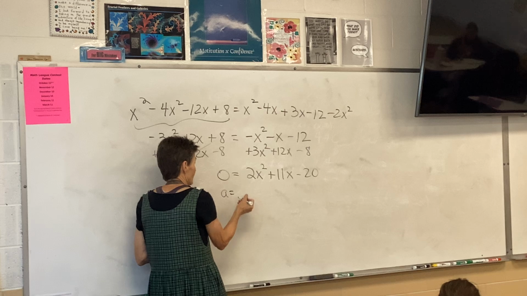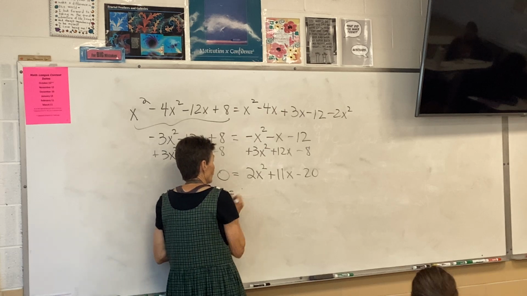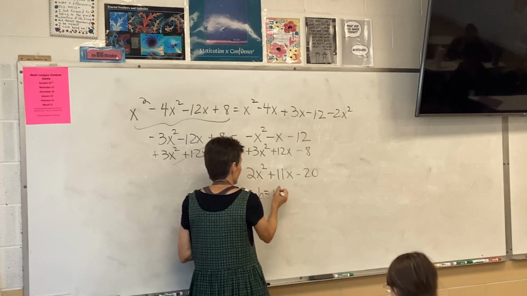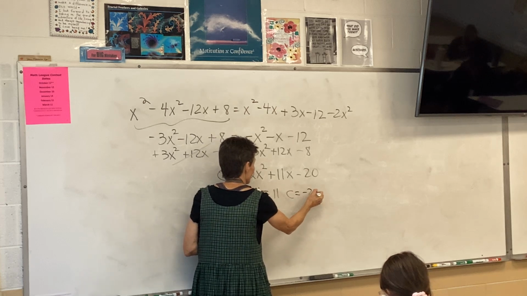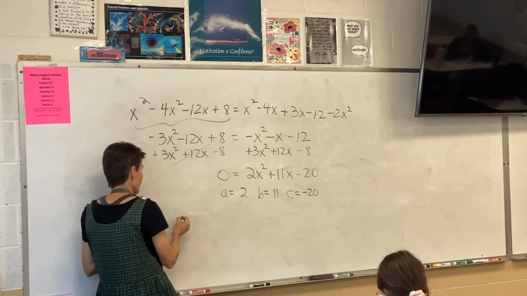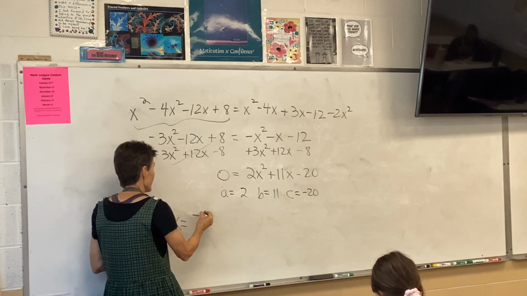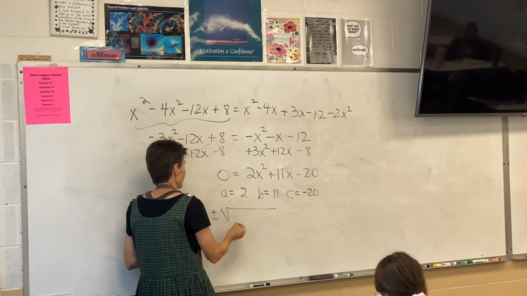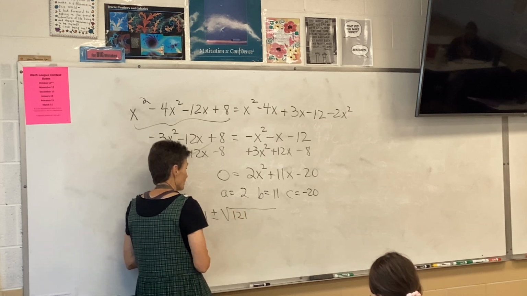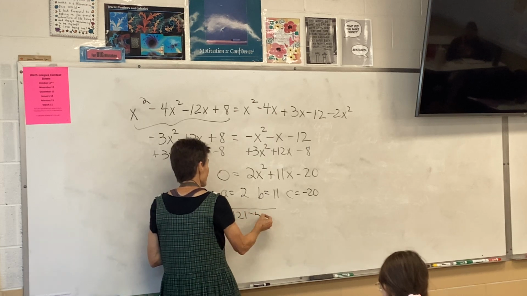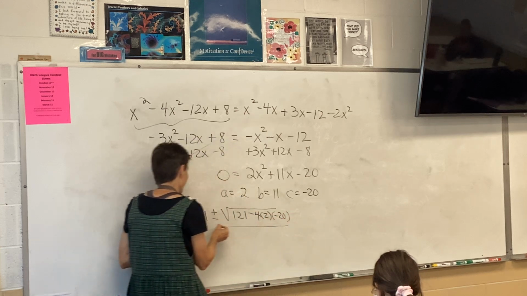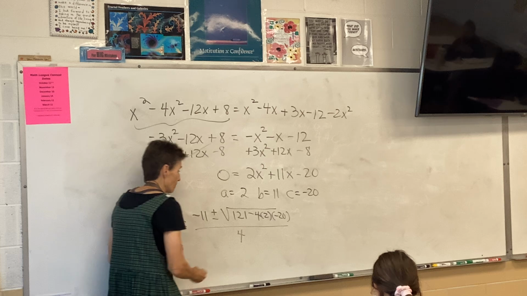What's my A? 2. B is, and C is, there you go. Then I just plug it in. X equals negative B plus or minus the square root of B squared, which is 11 squared, minus 4 times A times C, all over 2A.